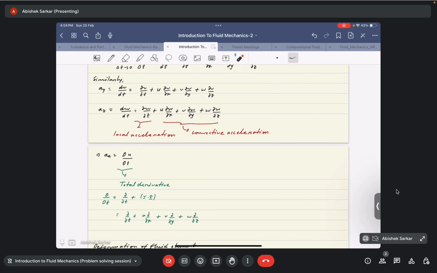Now because of the change in time, say day and night, at early morning it will be cold, right? Then as the sun rises, because of the higher intensity of the sun, the temperature would increase, right?